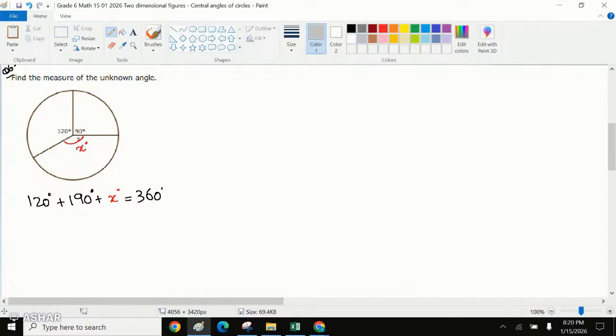So what is 120 plus 190? When we add 0, 11, and this 310. So we can say 310 plus the missing angle should be 360. Missing angle was x. So can we find the value of x? Oh, am I doing something wrong?